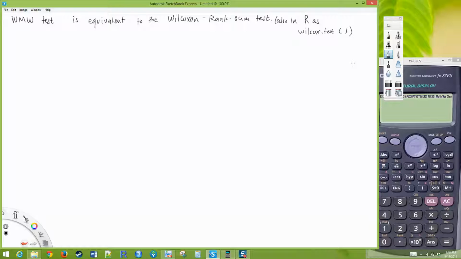And it goes like this. Again, it's non-parametric, so we are not saying anything about parameters in the population. Our null hypothesis: let's say we have two samples of data.